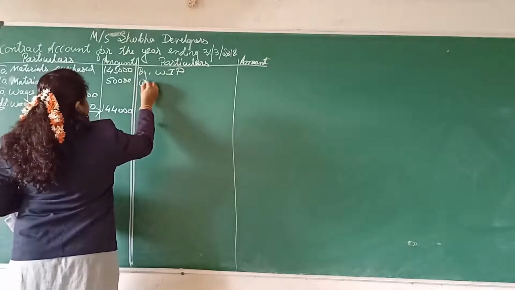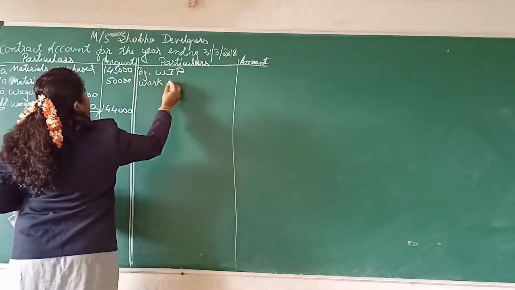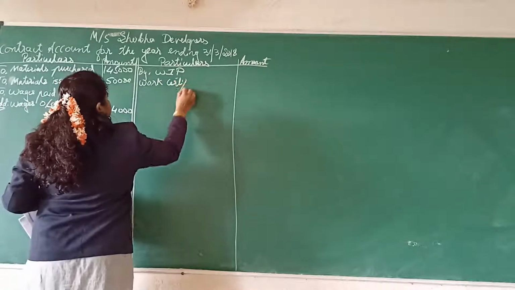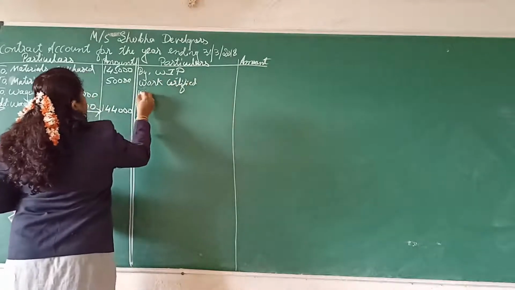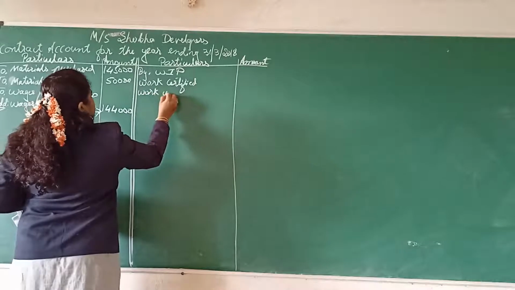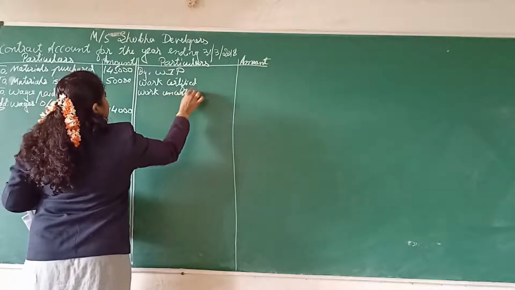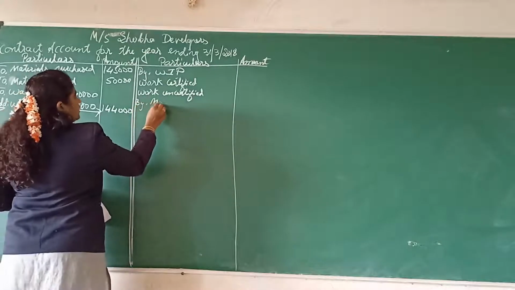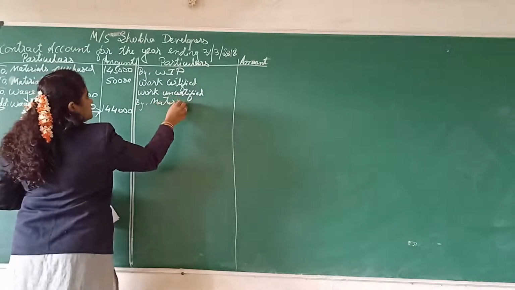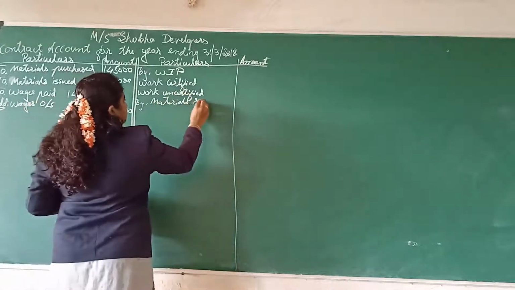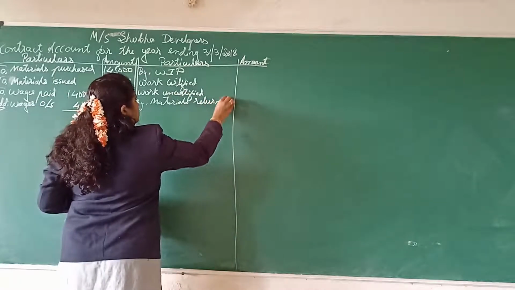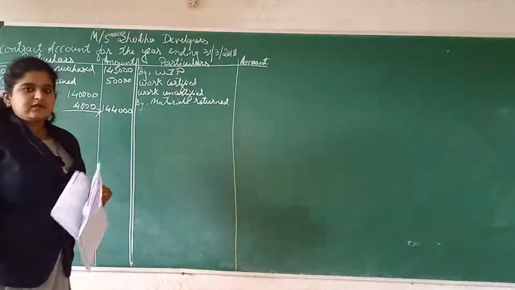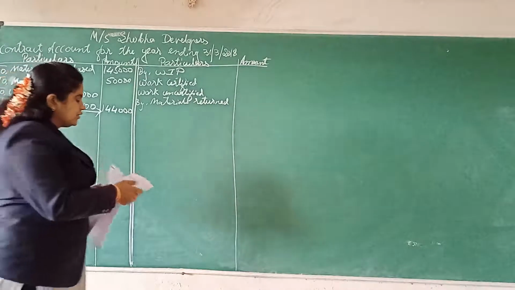Just write and keep it over here: work certified and work uncertified. Then we will show materials returned, amount is 3,000.